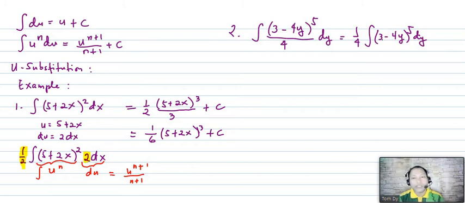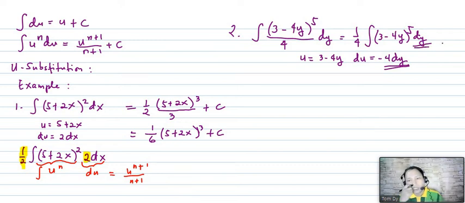Okay? So, we have to identify what will be our u. Our u here equals 3 minus 4y. And then the derivative of u, the derivative of this one, is negative 4 dy. So du equals negative 4 dy. If you have noticed, the difference here is this is negative 4 dy and then this one is dy. Okay? So their only difference is negative 4.